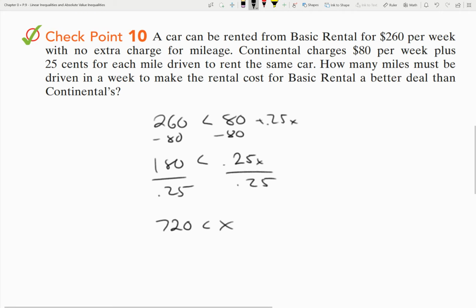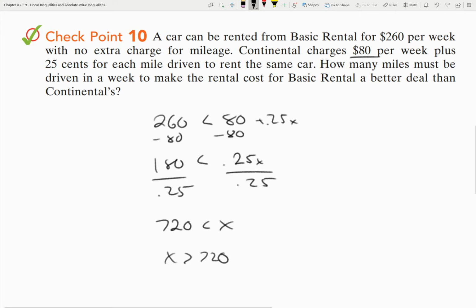So if you drive more than, right, 720 has to be less than x. So if you drive more than 720 miles, right, if I reverse this, 720, right, because this starts off a lot cheaper, right?